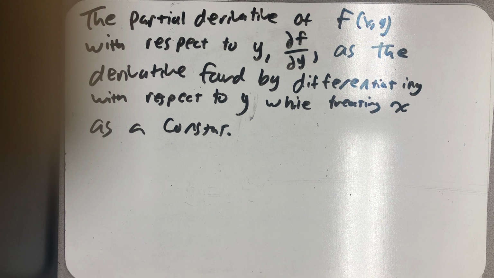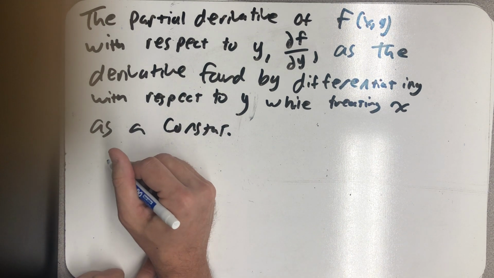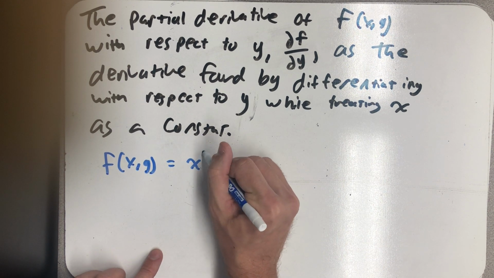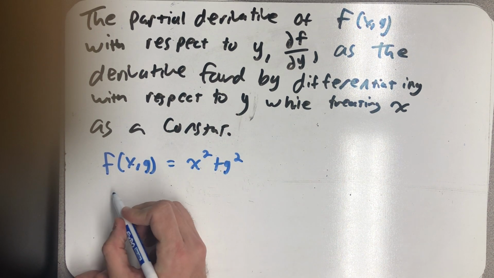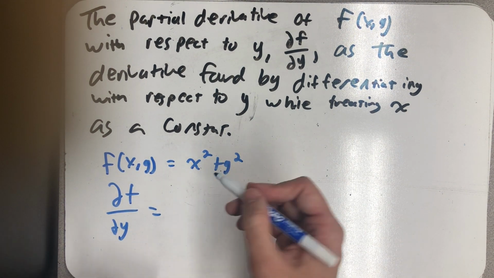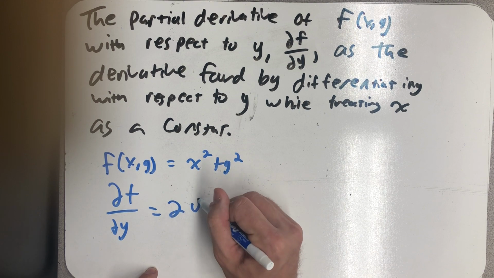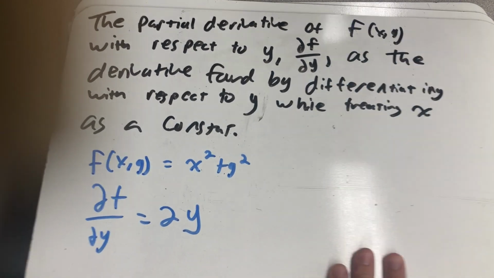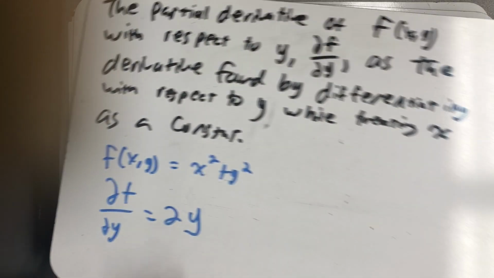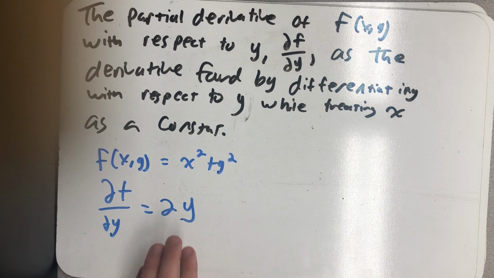Partial of f with respect to y can be thought of as the derivative found by differentiating with respect to y, treating x as a constant. Well, in this one, if x is a constant, x squared is a constant, and we get 2y. So pretty simple examples. The partial with respect to x was 2x. The partial with respect to y is 2y.